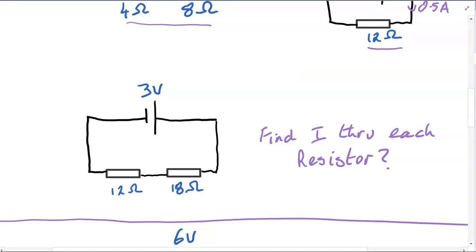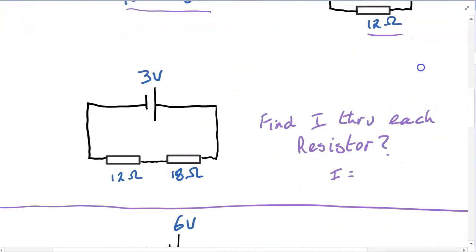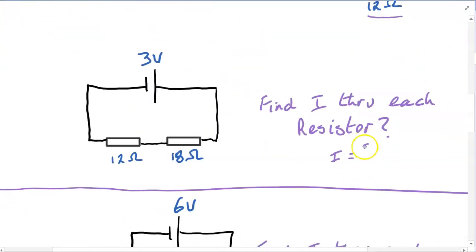Pause the video and work out what the current is going through each resistor there. Okay, so the total resistance here, 18 and 12, is 30 ohms. So you have current from Ohm's law, V over R. We have a voltage of 3 over a total resistance of 30 ohms, which is 1 over 10, which is 0.1 amps.